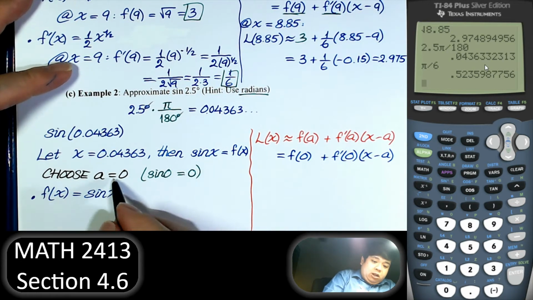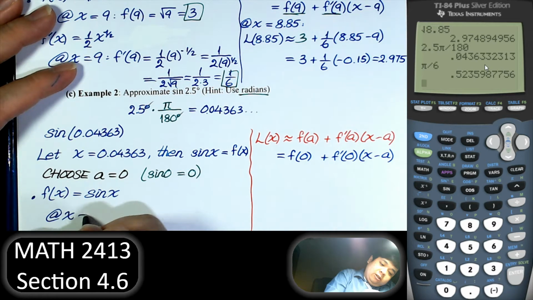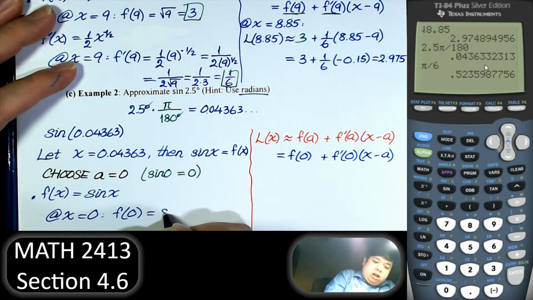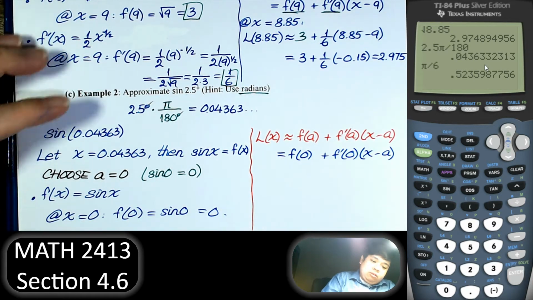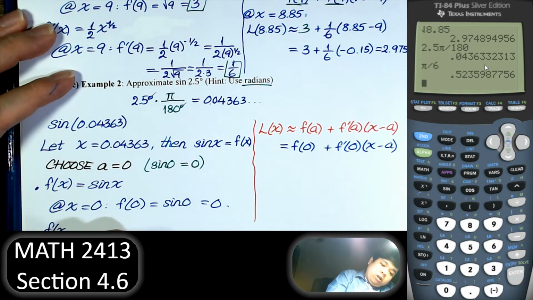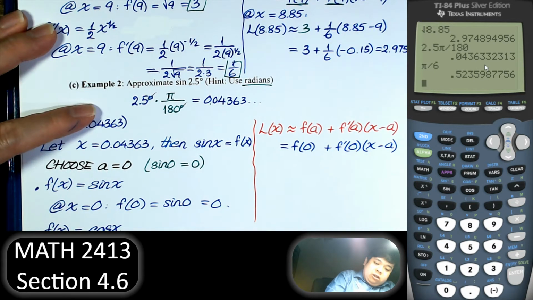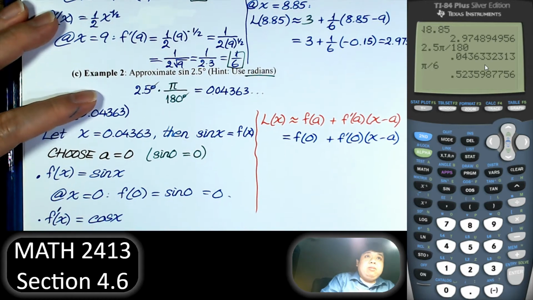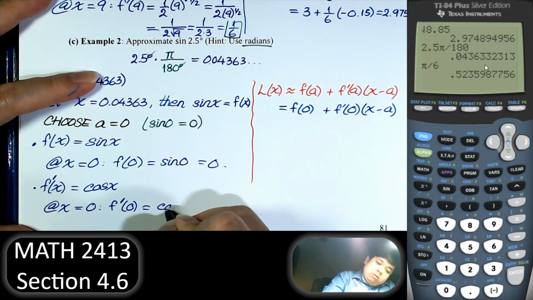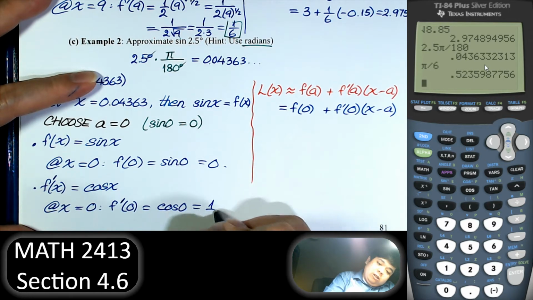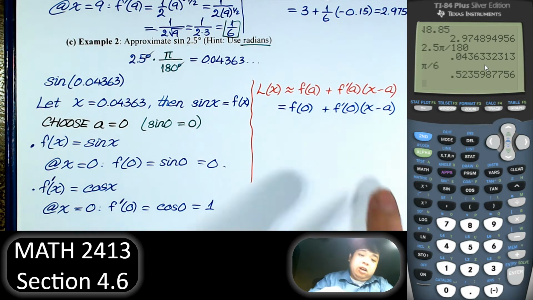When x equal to 0, f of 0 is equal to sine of 0, which is 0. The derivative of sine is cosine. When x equal to 0, the derivative at 0 is cosine of 0, which is 1.